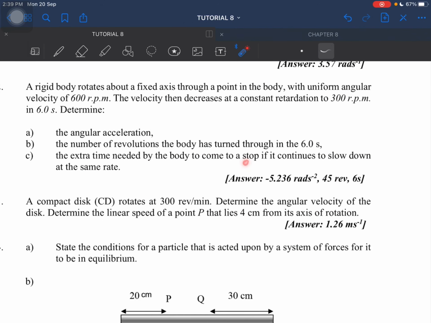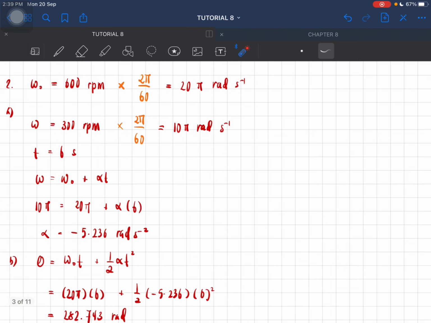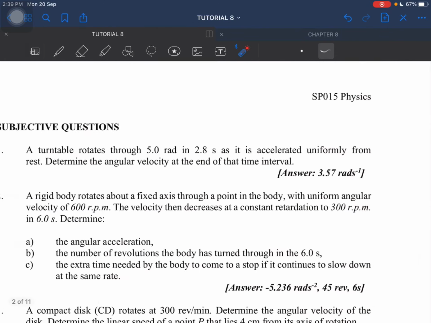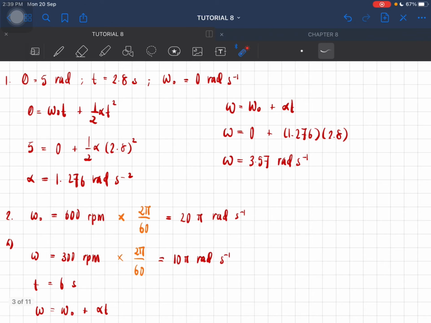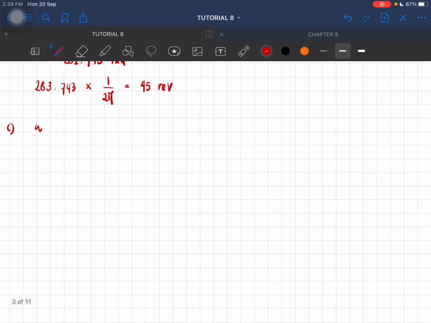Okay, and then the final question, we have to find the extra time needed by the body to come to a stop if it continues to slow down at the same rate. So if it continues to slow down at the same rate, we are gonna use the formula omega equals omega naught plus alpha t.